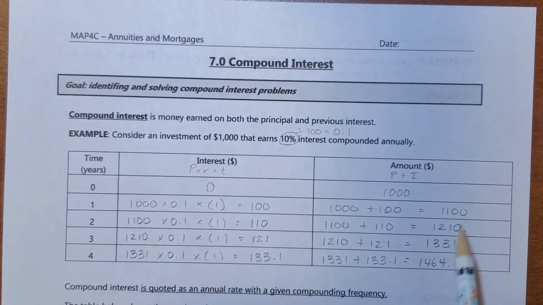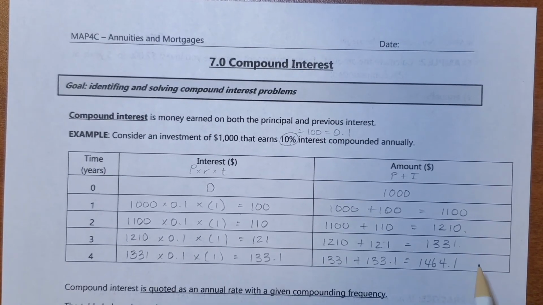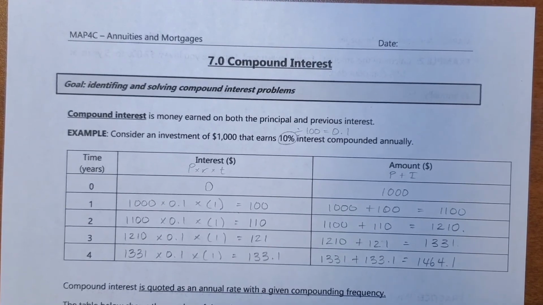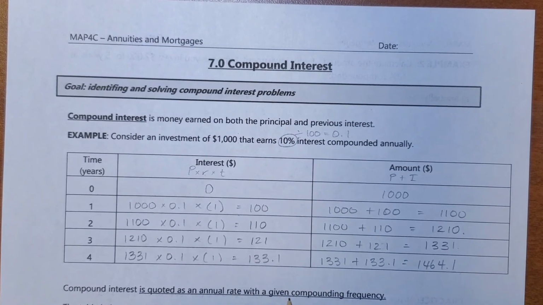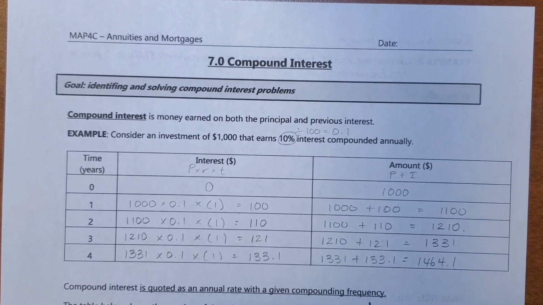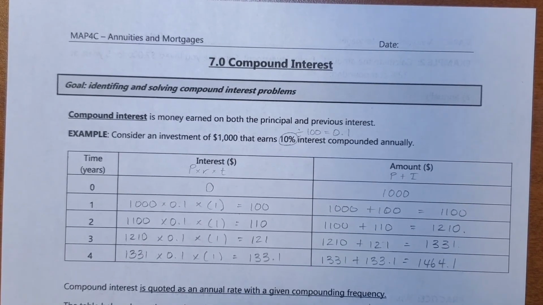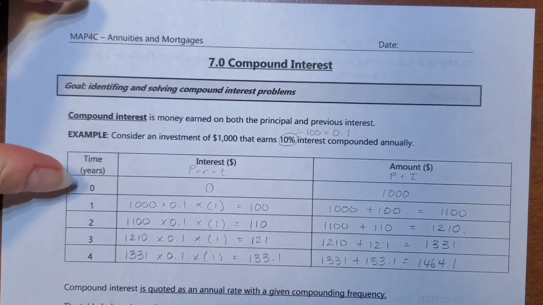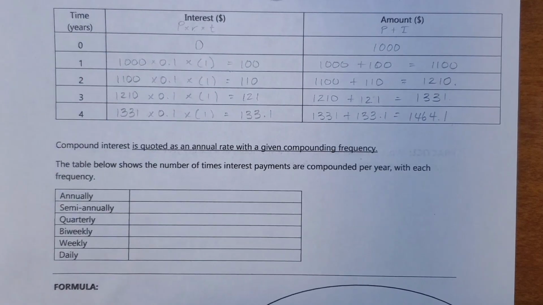Fortunately, we have a formula and we do not have to do countless simple interest steps. So let's understand compound interest is quoted as an annual rate with a given compounding frequency. The table below shows the number of times interest payments are compounded per year with each frequency. So let's look at the table.